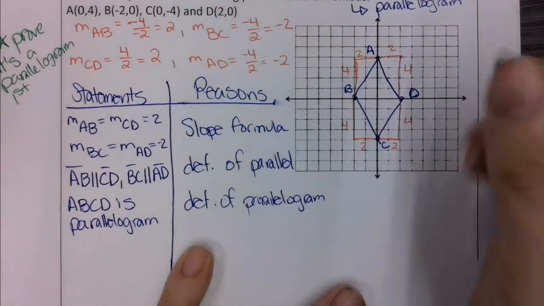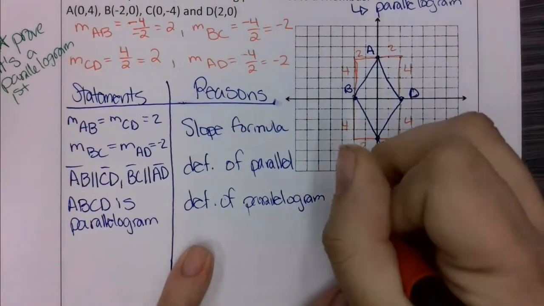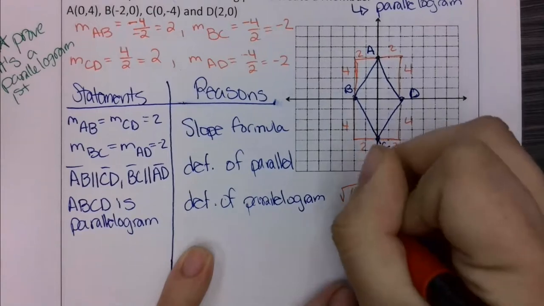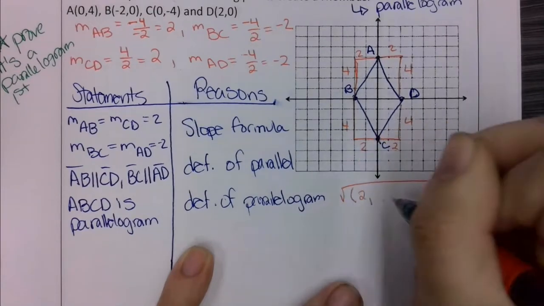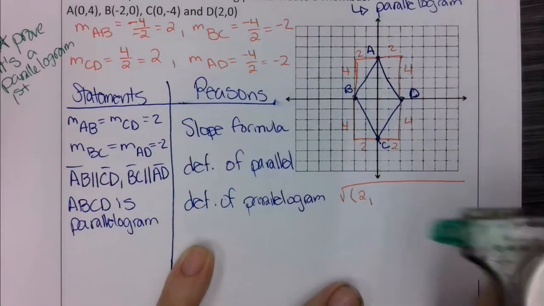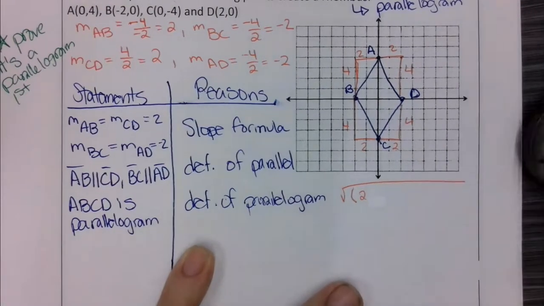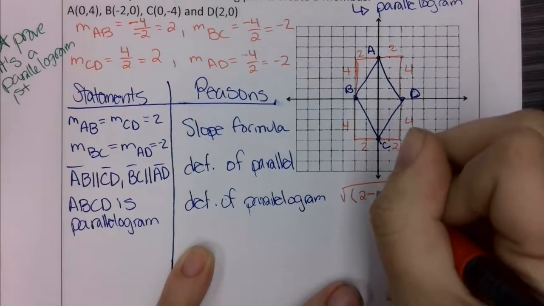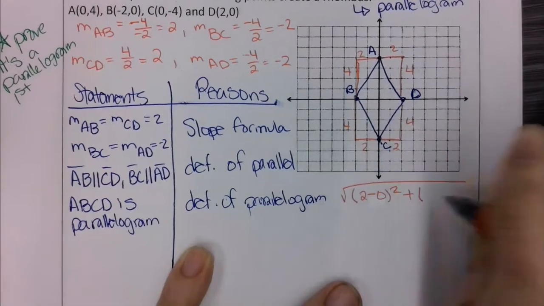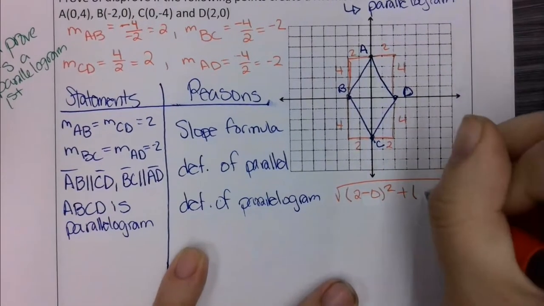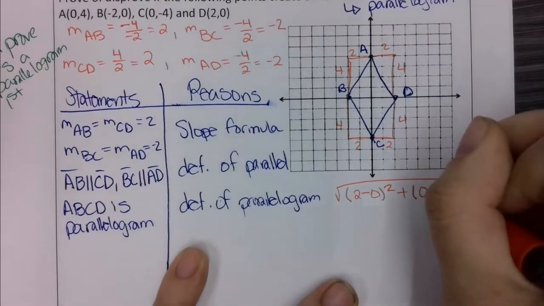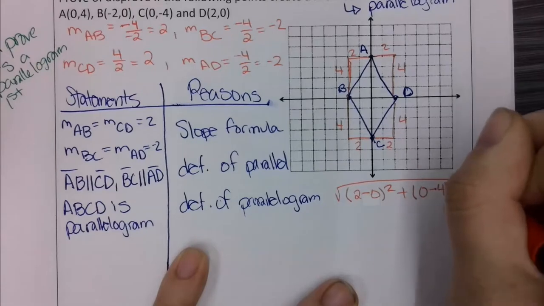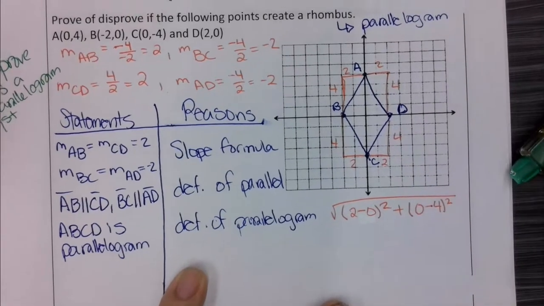Okay. So plugging into the distance formula, what's my x2? My x1? Oh, wait. 0. What's my y2? And my y1? 4. So, is it still on the screen?